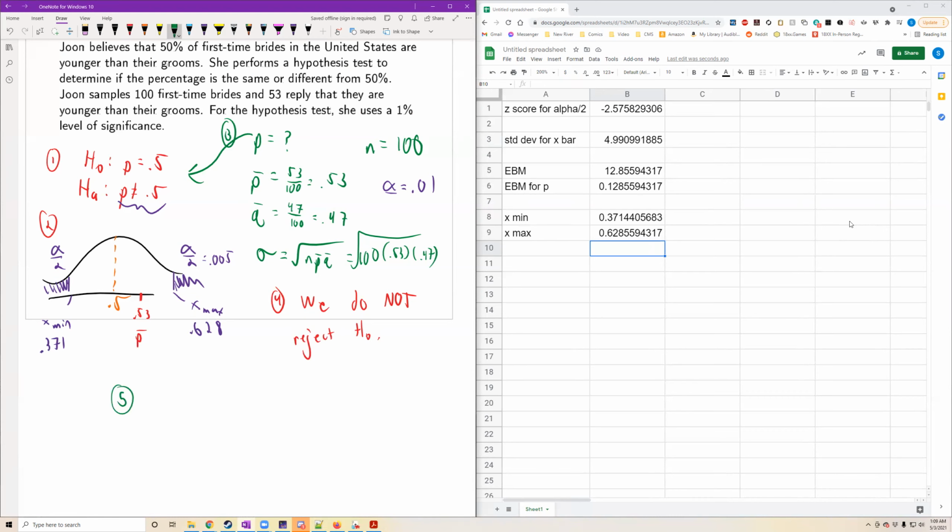What does that mean? Based on this sample, we cannot say the mean is different than 50%.